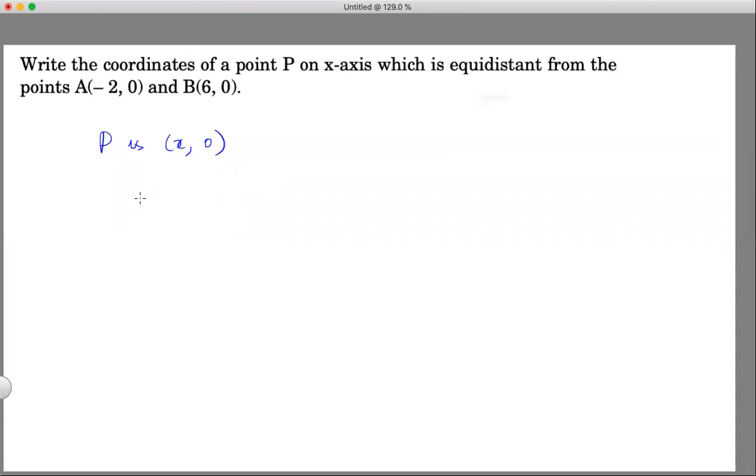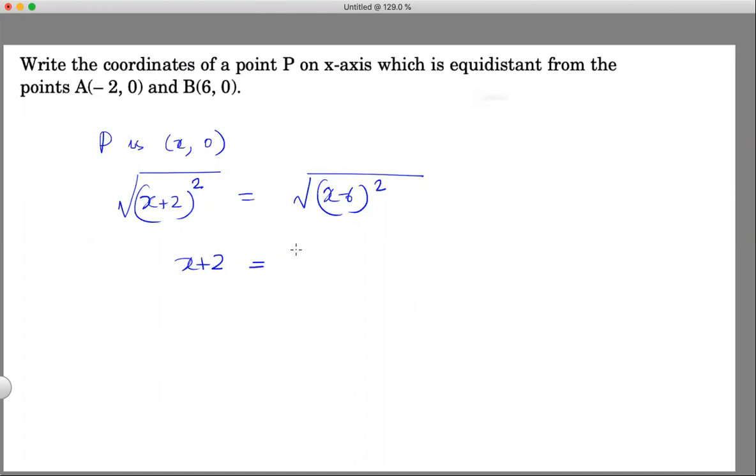Okay, so let's do that. So the distance of x plus 2 is equal to x minus 6.